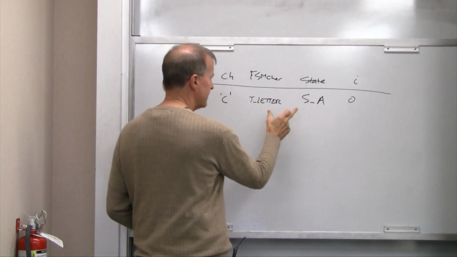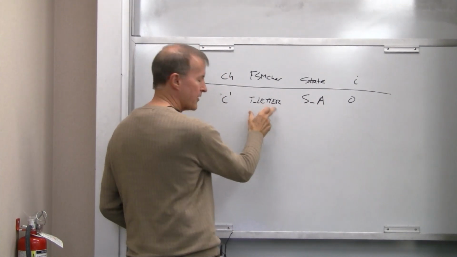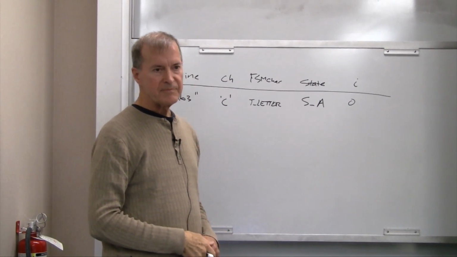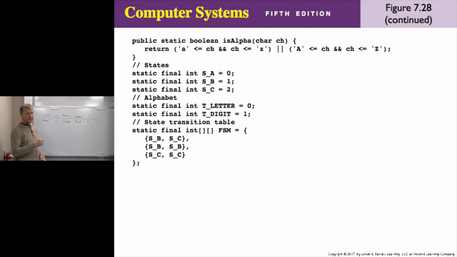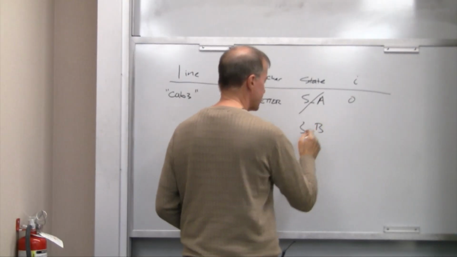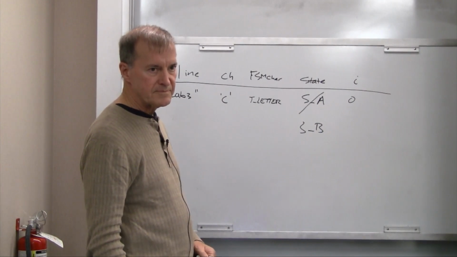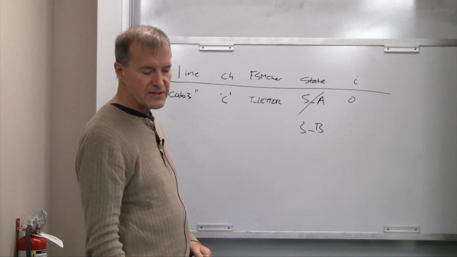A, letter. So let's go back to our table. What is in row A, column letter? It's B. So what does state get? SB. Is everybody clear on that?